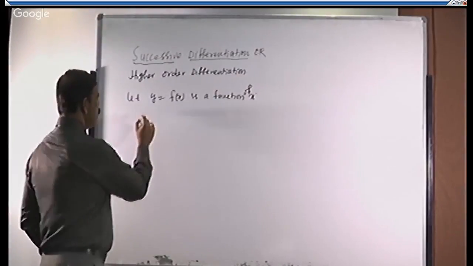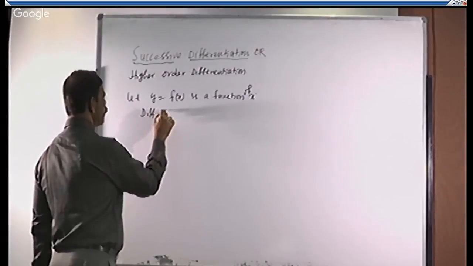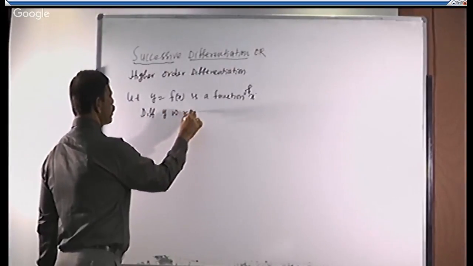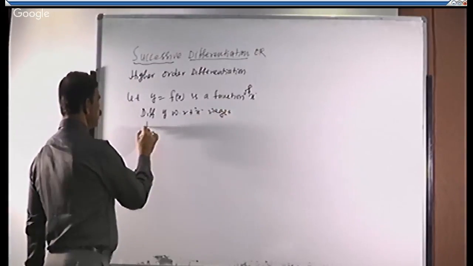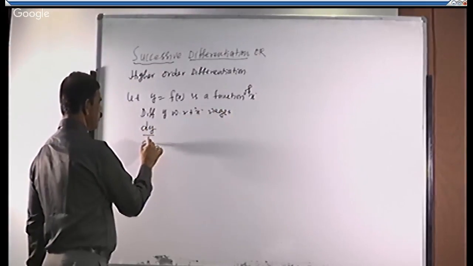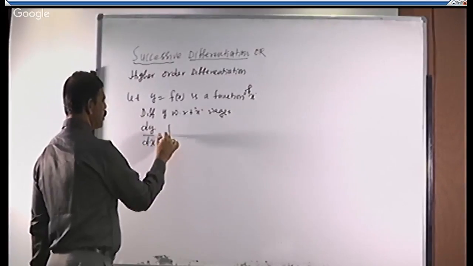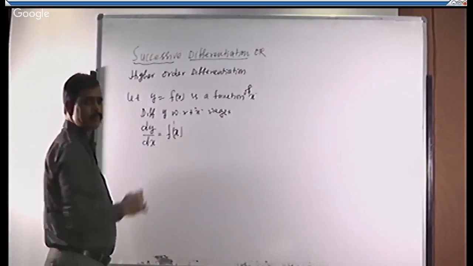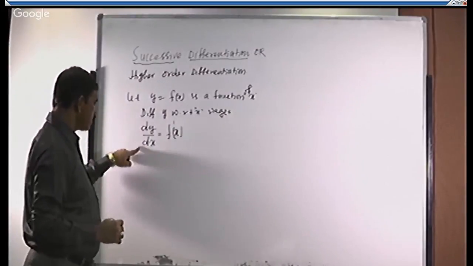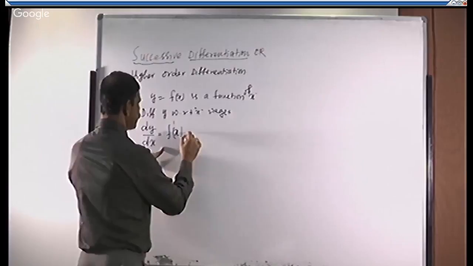Differentiate y with respect to x, we get dy by dx. I will take f of x differentiation as f dash x.